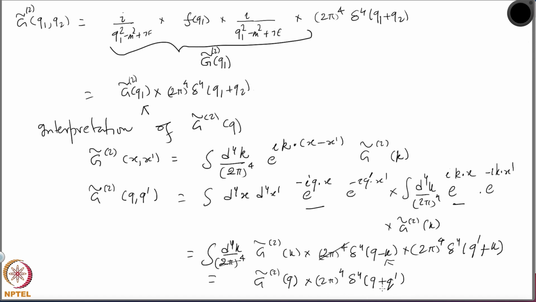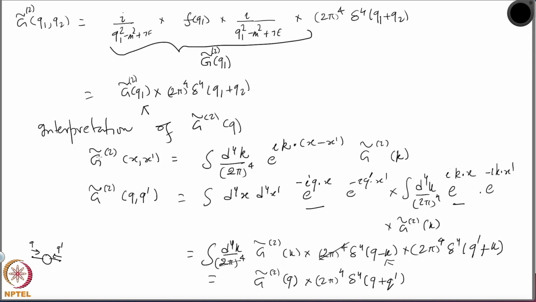Okay, and remember here you get q plus q prime, because the way we have been doing is, if this is q and that is q prime, then you get q plus q prime. Okay, and remember we had at the external vertices the momenta always assigned either entering from all the sides or exiting on all the sides. That's why you get a delta 4 of q plus q prime.